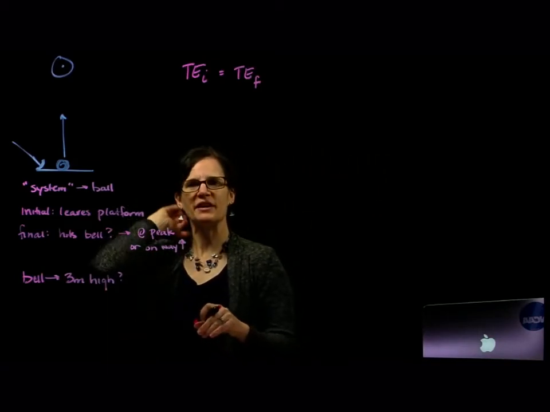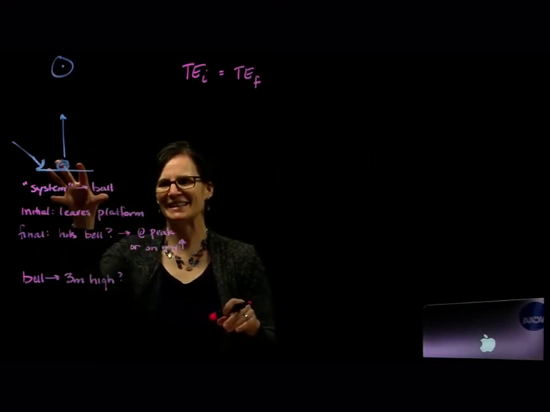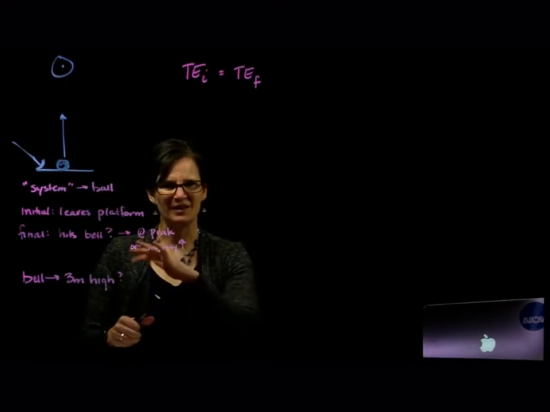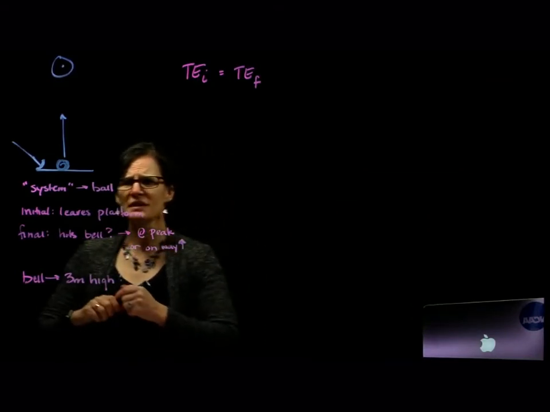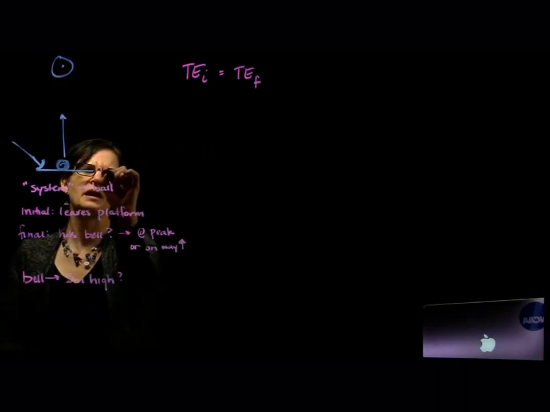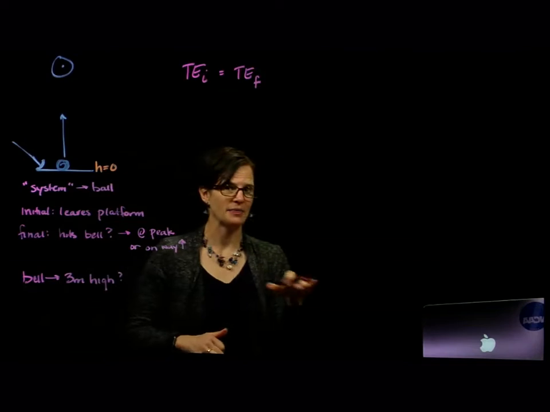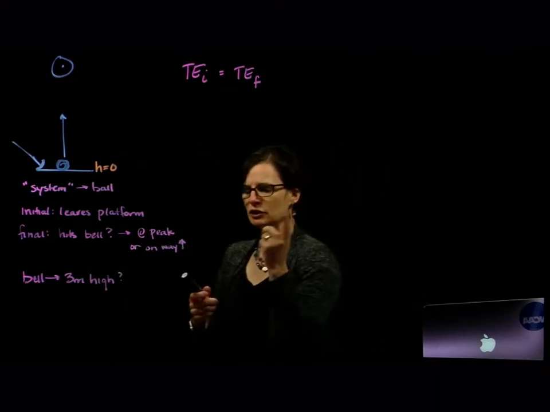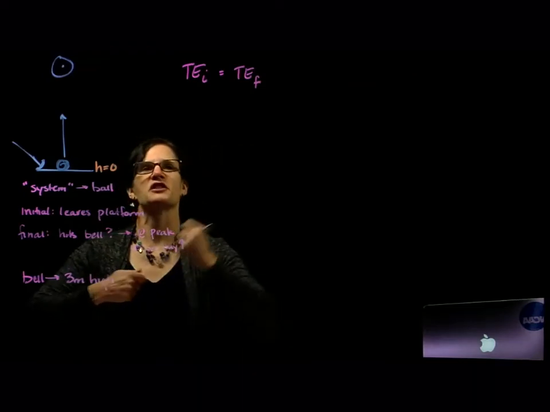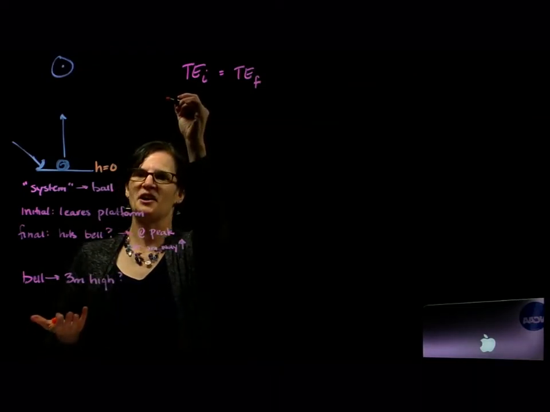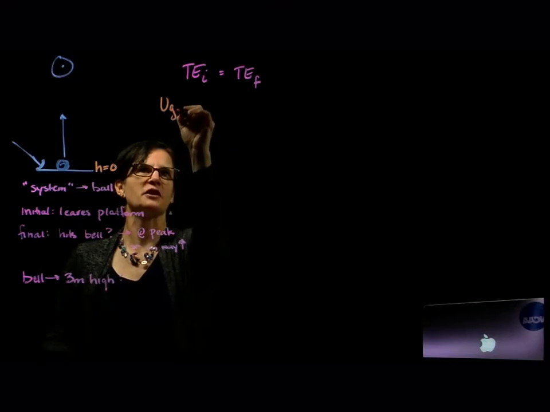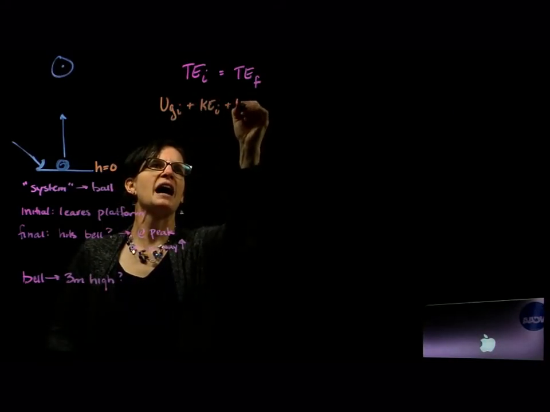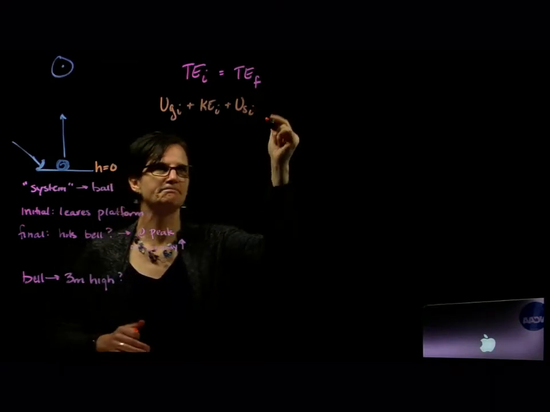What type of energy does the ball have at the beginning when it leaves the platform? Well, remember with energy, we have to set that height level of 0. So let's set the height level of 0 at the platform level. Now we'll look at our possible energies: gravitational potential energy, kinetic energy, and spring potential energy.